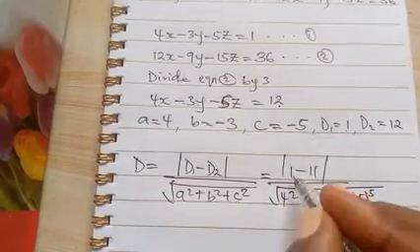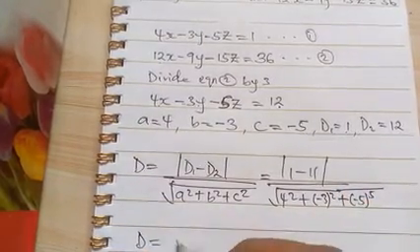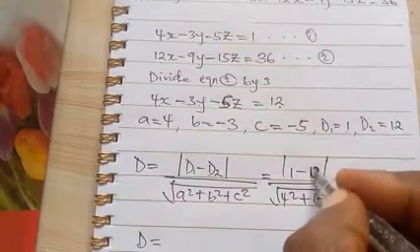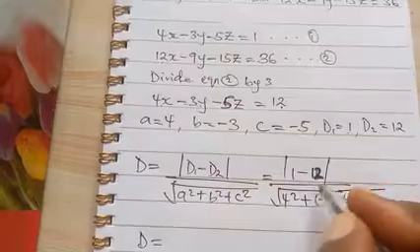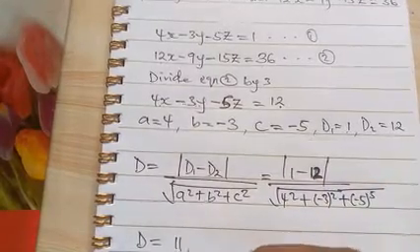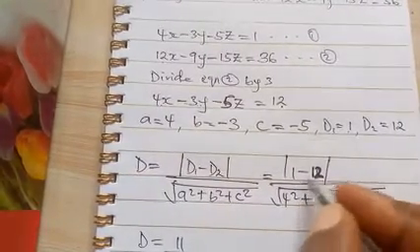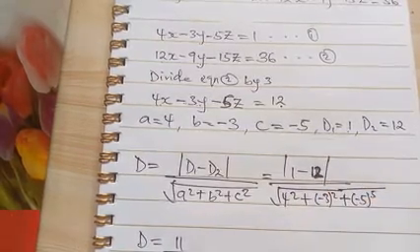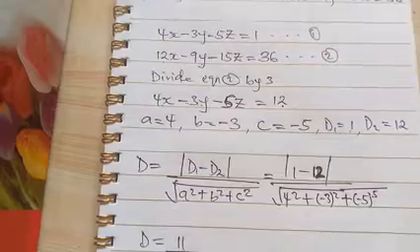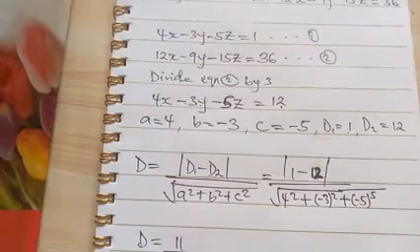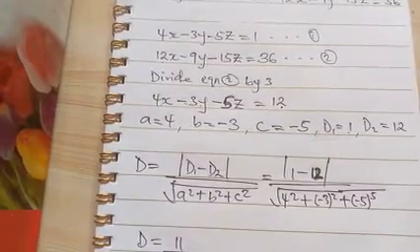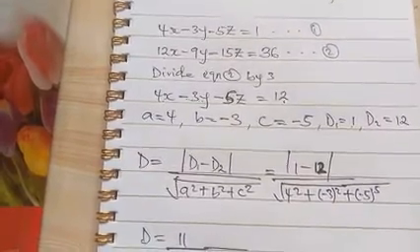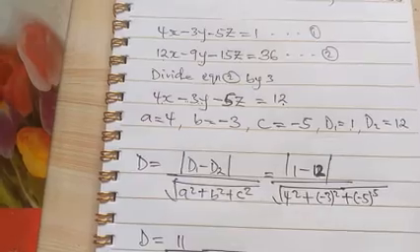So we have 1 minus 11, I beg your pardon, here is 12, because d2 is 12. 1 minus 12 will give us minus 11, but because of the absolute value, we neglect the minus sign. 11 over the square root of 4 squared is 16, 3 squared is 9, 5 squared is 25.